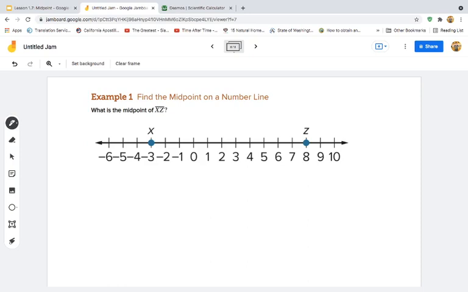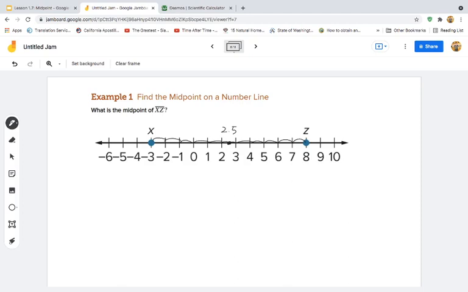So we have, we'll go 1 and 1, 2 and 2, 3 and 3, 4, 4, 5, 5, and so we're going to meet in the middle here, so 5.5 and 5.5. Okay, so the midpoint, or the middle of x and z, is actually going to be, it looks like halfway between 2 and 3, so 2.5. Okay, so that is going to be the midpoint between x and z.